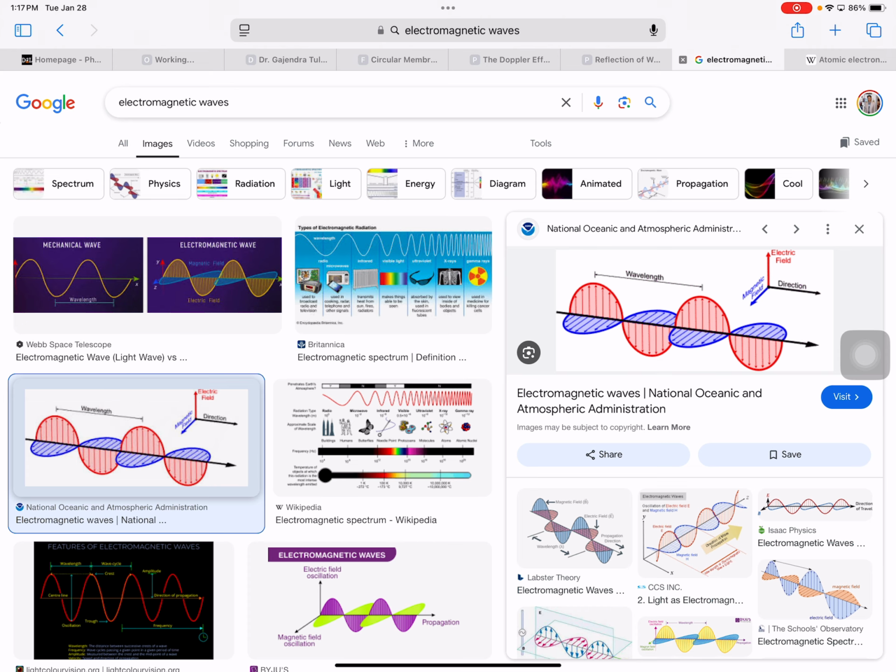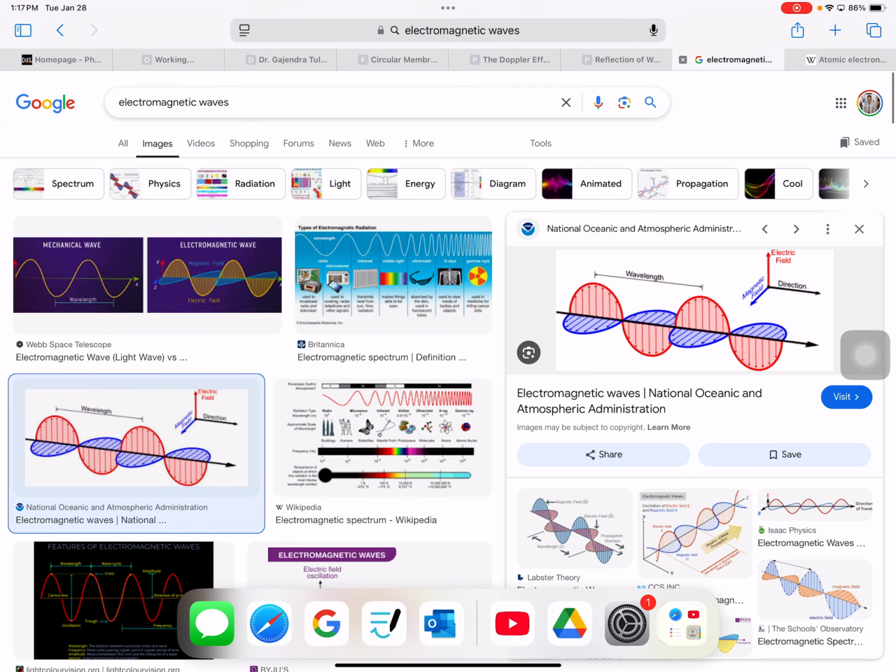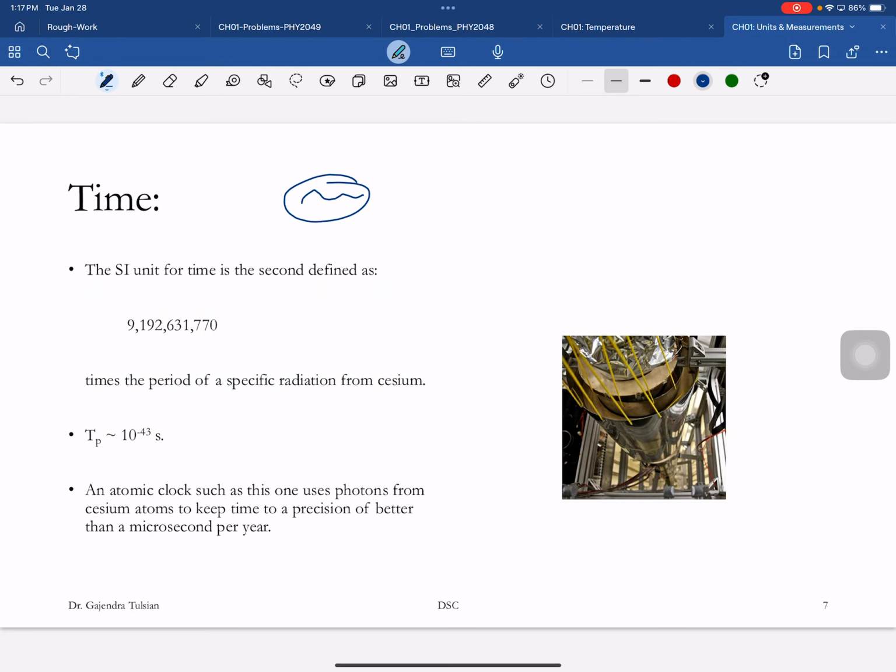That's one oscillation. You guys understanding all of that? Okay, so you're going to count 9,192,631,770 oscillations from that radiation. That's when 1 second will pass. And that's the second.